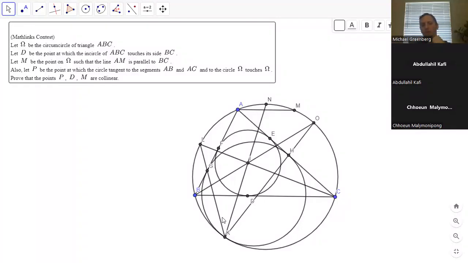It's interesting. We know that L and O are the midpoints of those arcs. What can we say about the segment CK? So is BKC similar to some other triangle?